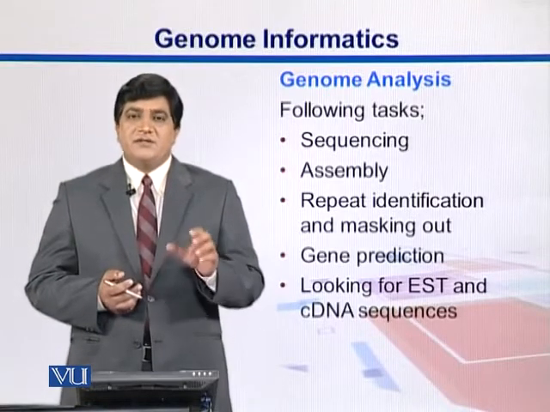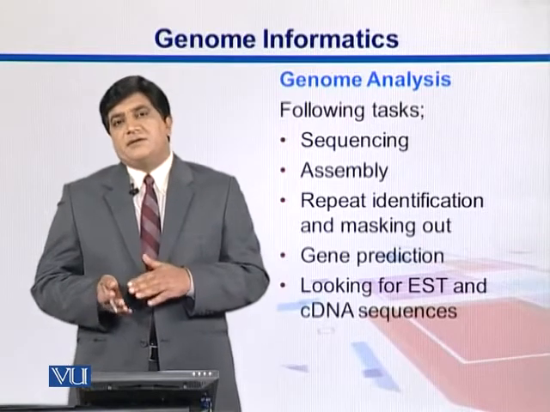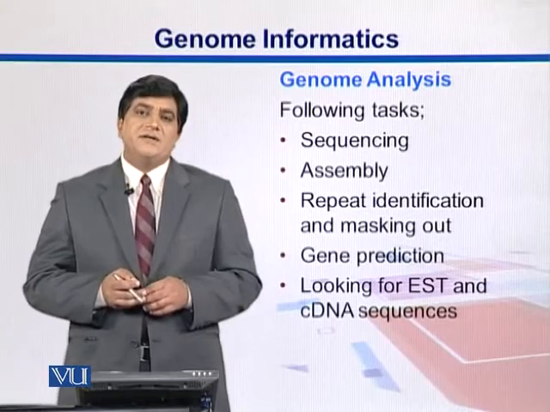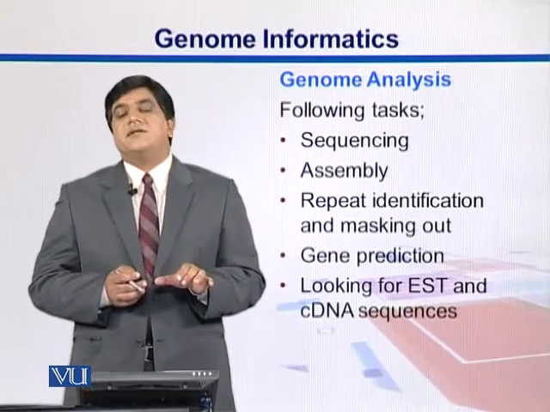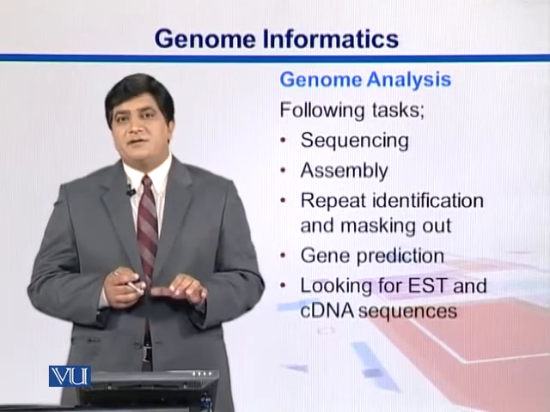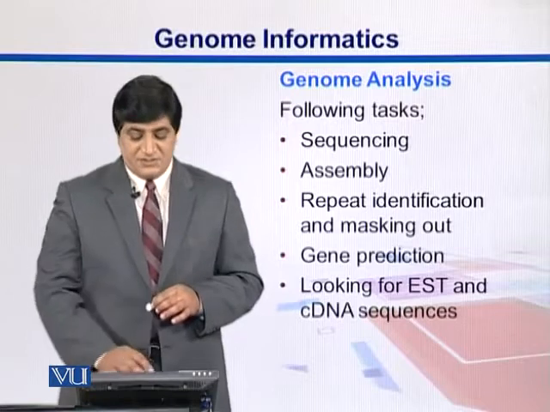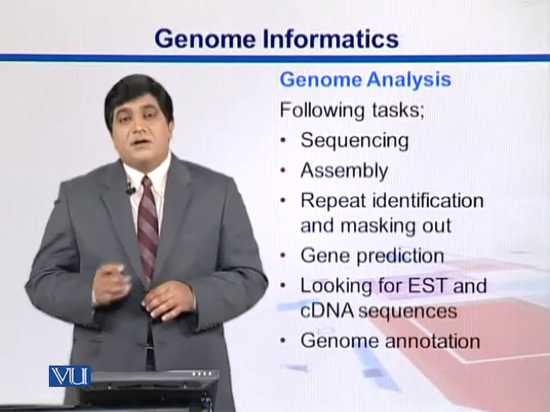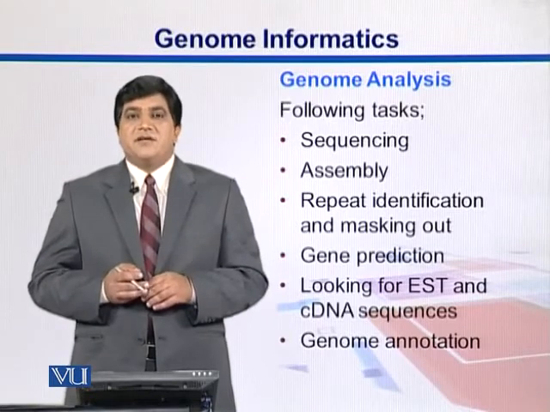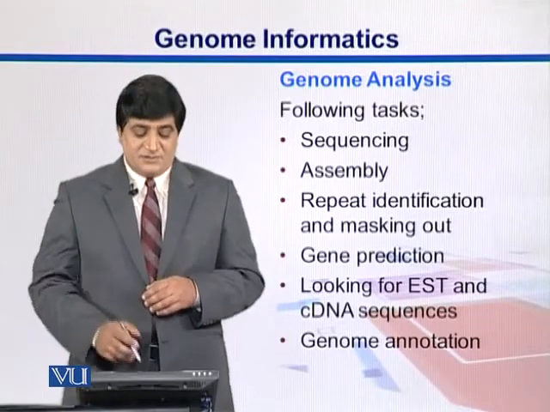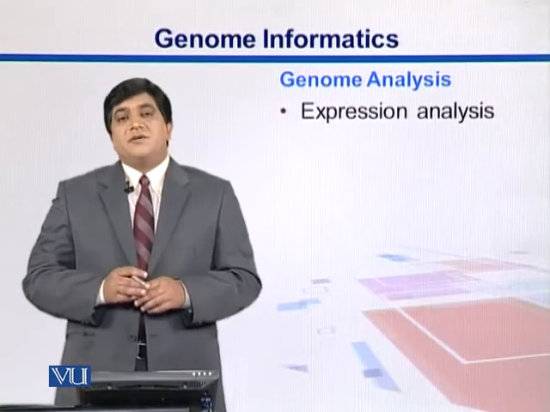If we want to find them within the DNA, obviously they are reverse transcribed into cDNA, and then we can look into where those cDNAs are present in the gene. That will give us the idea of the gene expression, or the region from which the genes are making up those messenger RNAs. We can do genome annotation, in a similar way, in which we can find out different functions performed by different genes.